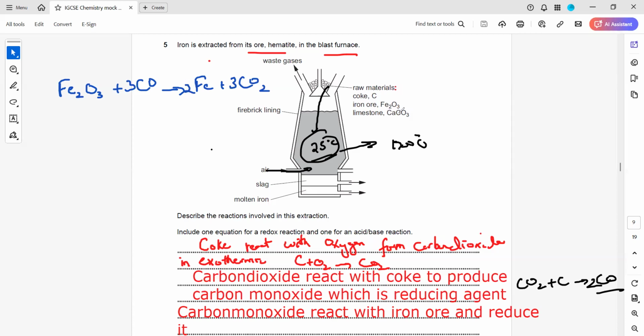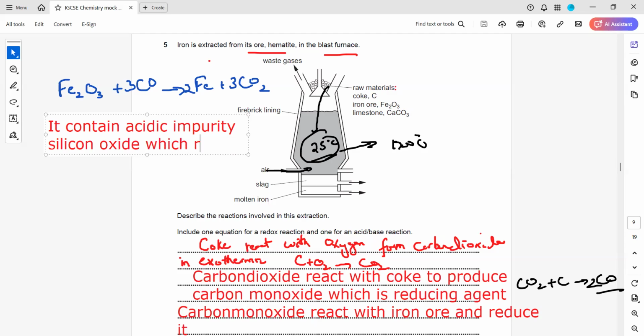Then this iron ore also contains an impurity. That is an acidic impurity, silicon 4 oxide, which is neutralized by calcium oxide.